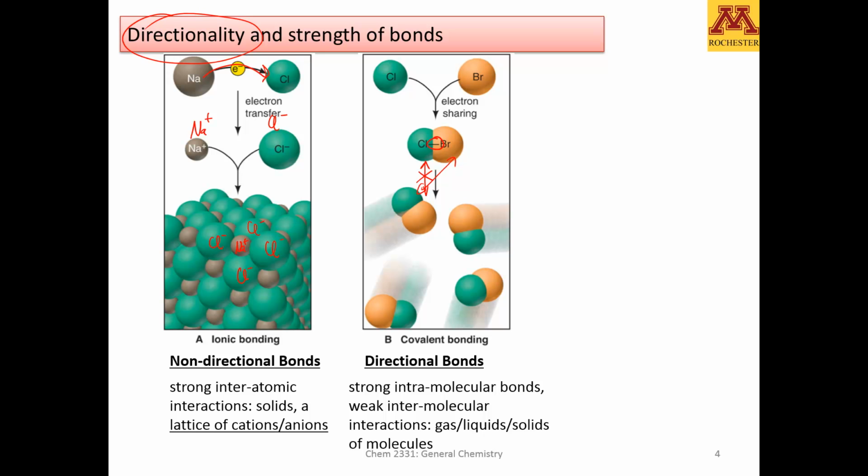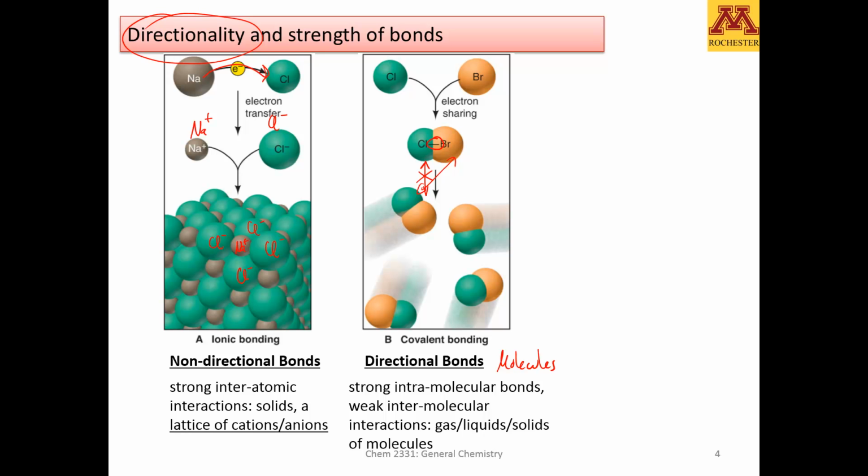That means that covalent bonding is directional. And that will be important because covalent bonding will form molecules. Notice that ionic bonding will not form molecules. Ionic bonding will form a lattice of cations and anions arranged in space as packed as possible.